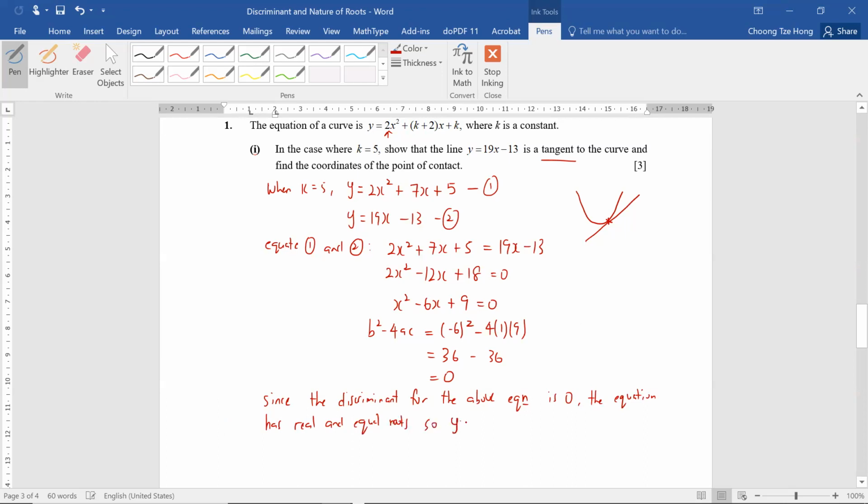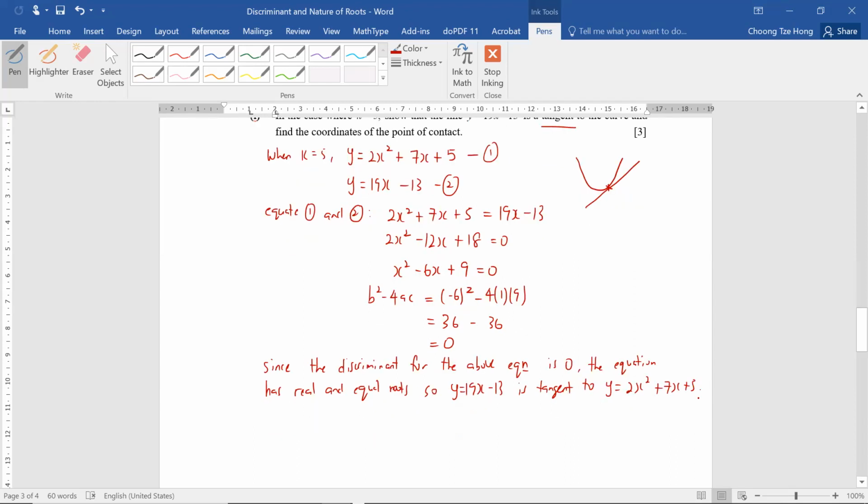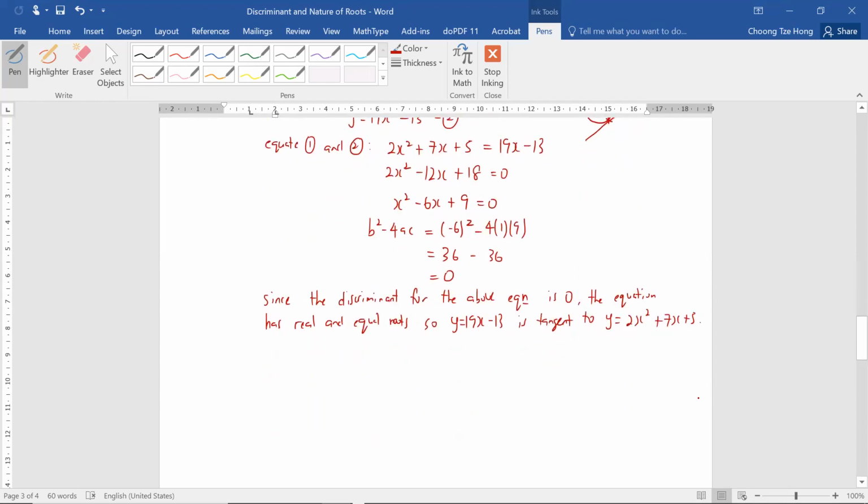So y equals 19x minus 13 is tangent to y equals 2x squared plus 7x plus 5. Since b squared minus 4ac is 0, it means that it only touches at one point, hence the line must be tangent to the curve.